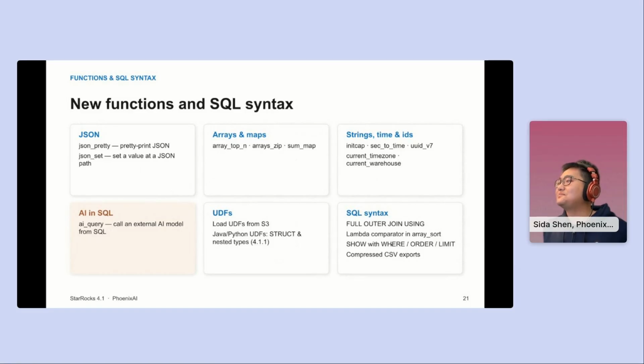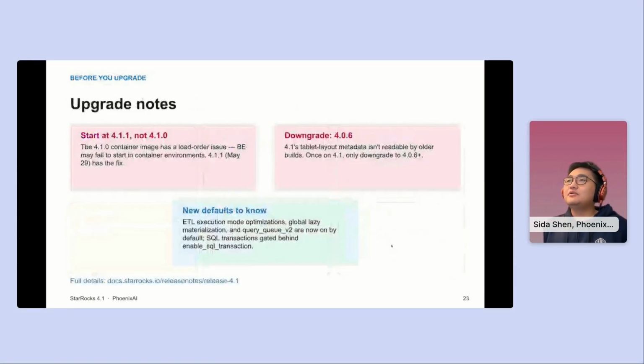And that's really cool. And some of the upgrade notes, so start at 4.1.1, not 4.1.0, because 4.1.0 has a pretty nasty bug, right? 4.1.1 has a fix. And also, if you're on 4.1, the tablet layout is very different from before.